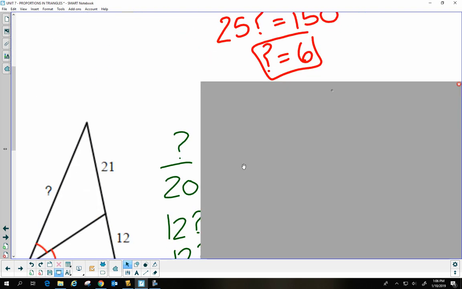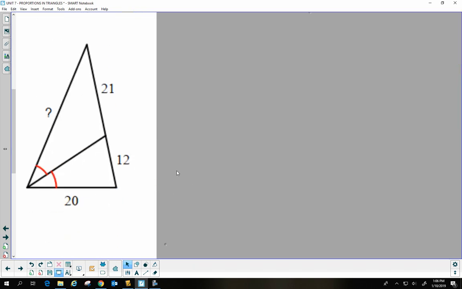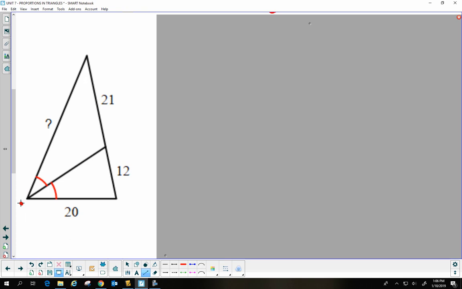So let me show you another example. Again, I like to extend or maybe darken in my angle bisector, and I sort of can see fractions begin to form. If I look at my angle bisector sort of as that fraction line, I've got 21 over 12 and question mark over 20.